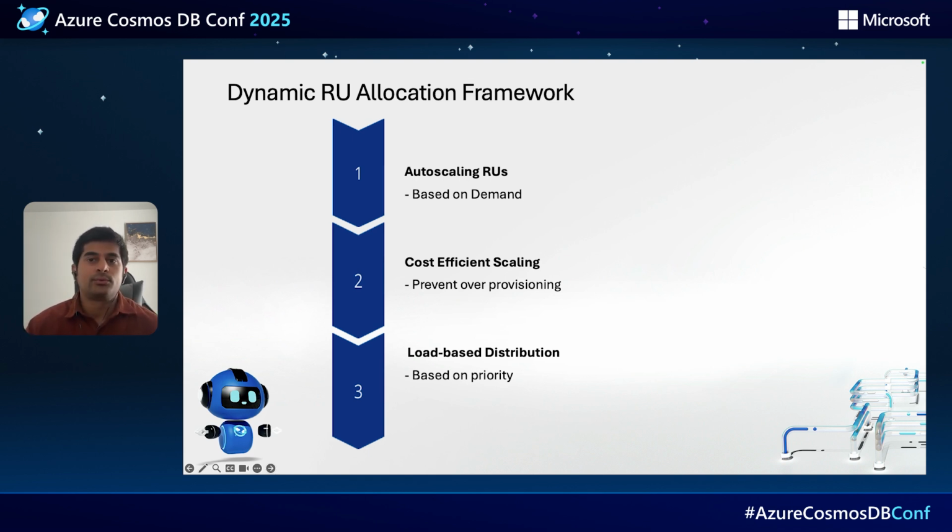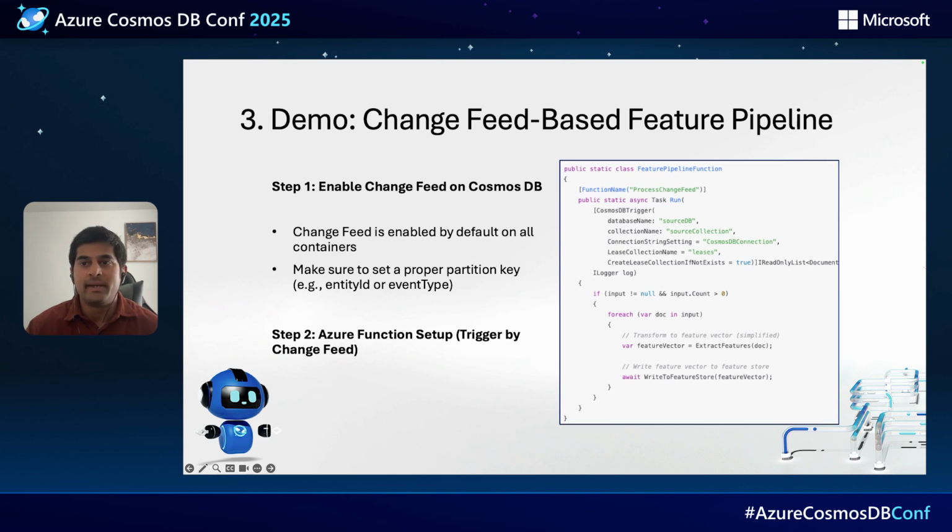So let's walk through this demo on change feed based feature pipelines and how this pipeline works step by step. First, we start by enabling the change feed in Cosmos DB. Think of this like turning on notifications. Every time a new event or update happens, Cosmos DB automatically captures that change.